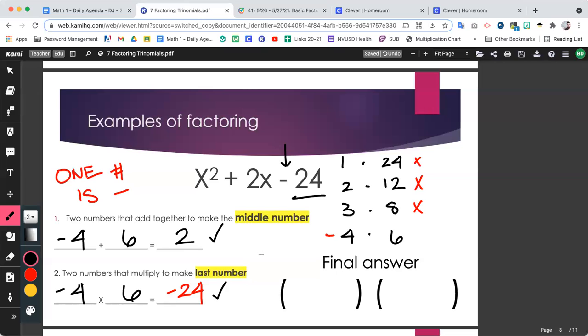Okay. So there's a lot of things to consider here, a lot of steps to this. But the thing you have to remember is when you look at the trinomial, if the last number is negative, then that means one of the numbers in the answer is going to be negative. So my final answer is x minus 4 and x plus 6.